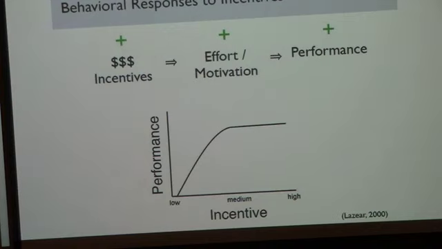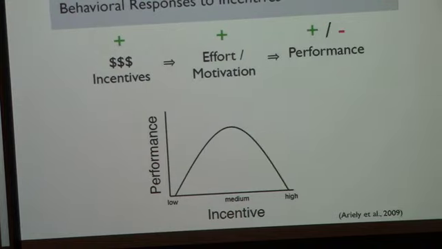So neuroeconomics is essentially about how your brain evaluates motivation when you are presented with an incentive, and how that affects our performance. Previously people thought that with more incentive you will perform better because you are rewarded more.